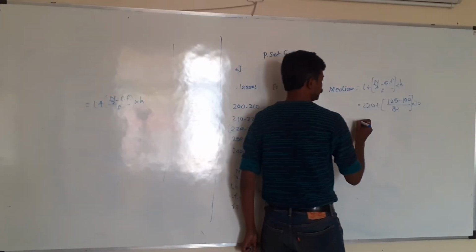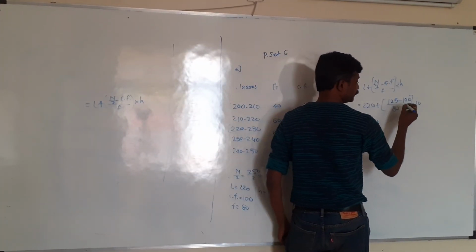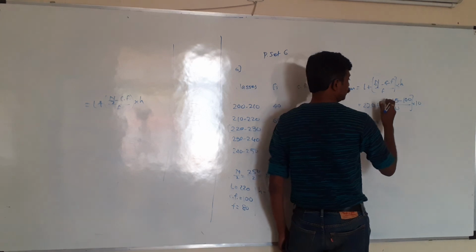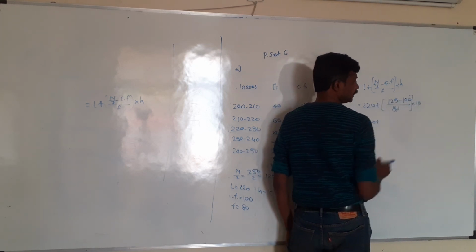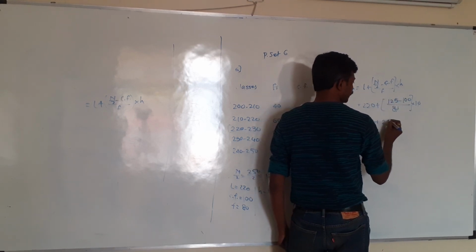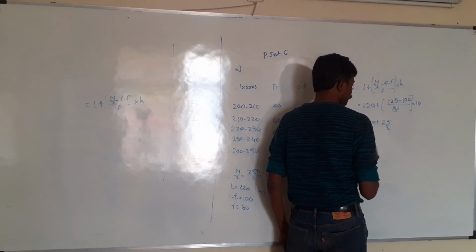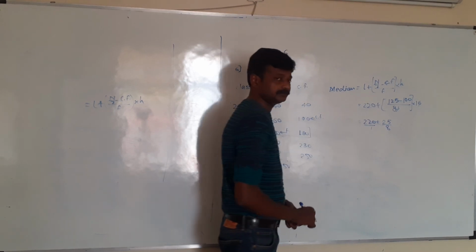So it will give the required answer. 220 plus, first we need to finish the bracket. 125 minus 100, 25. 25 upon 80. The 0 will get cancelled. It remains 25 upon 8.